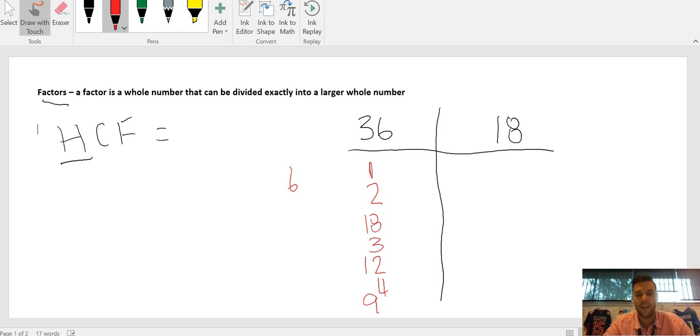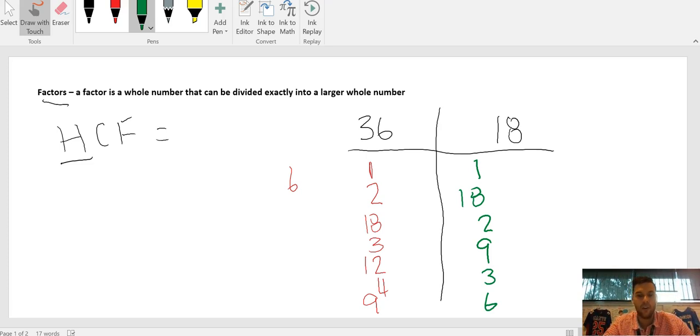So they're all our factors of 36. If we now go across to 18, what are some factors of 18? We've got 1 and 18, because 1 times 18 is 18, 2 and 9, and then 3 and 6.